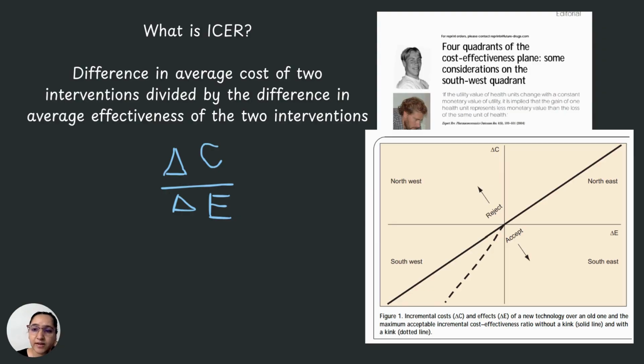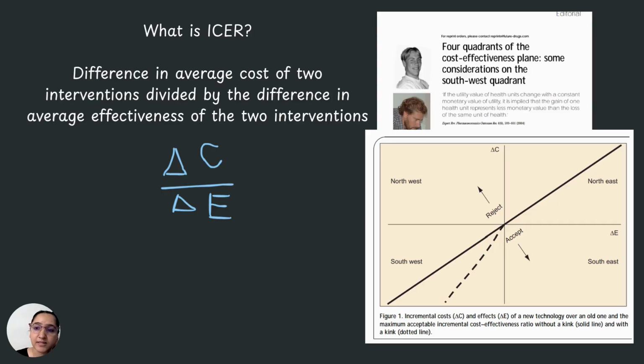If the ICER value falls in the southeast quadrant here, below on your right, it would mean that it's negative, and that would mean that for each additional effect gained, there is less cost for the new intervention compared to the older one. So we would right away accept this intervention because it's more effective but at the same time less costly than the existing intervention.